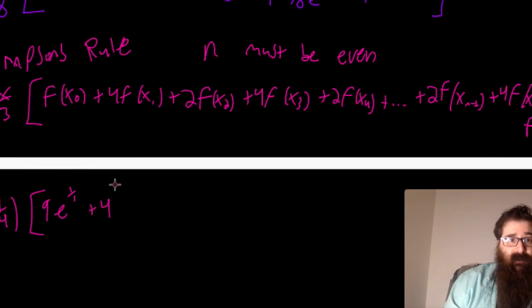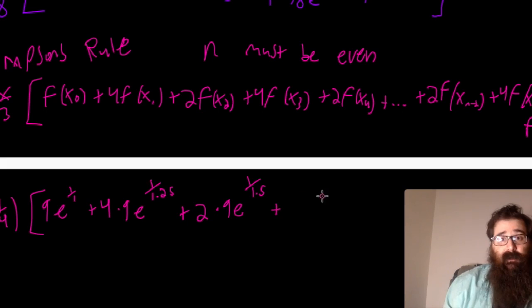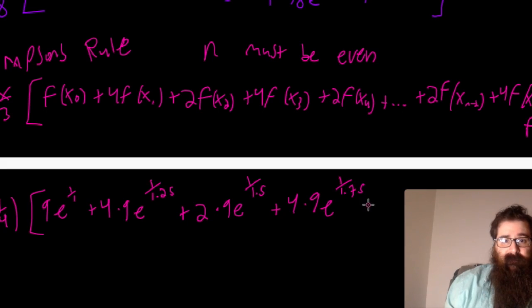And then I want 4 times f at x sub 1. And that's going to be 1.25 plugged into the function. And then I want 2 times f at x sub 2, and that's going to be 9e to the 1 over 1.5. And then next it should be a coefficient of 4. That's 4 times f at 1.75, so that's 9e to the 1 over 1.75.